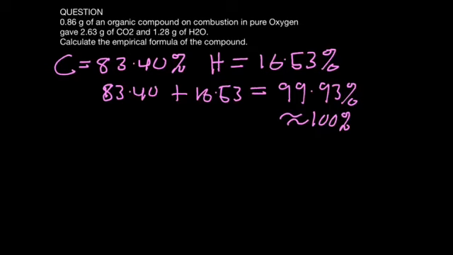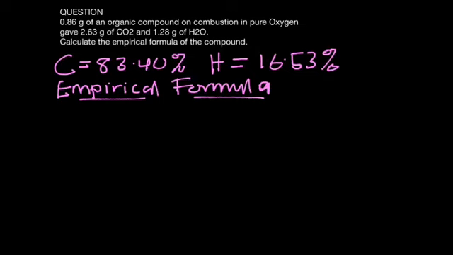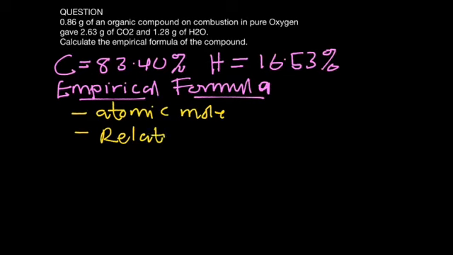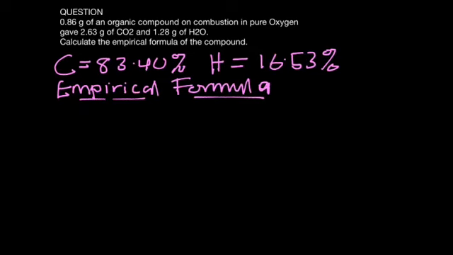Find the empirical formula. In doing this, we'll first find the atomic moles, and then we'll find the relative moles. Okay, so let's go ahead and do that. So let's write our carbon and our hydrogen. How do we find the atomic mole?